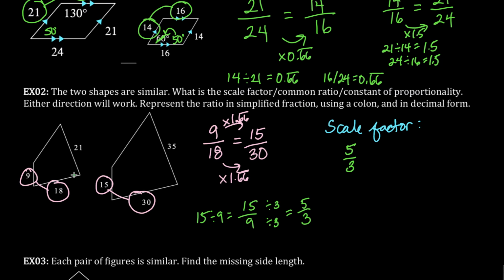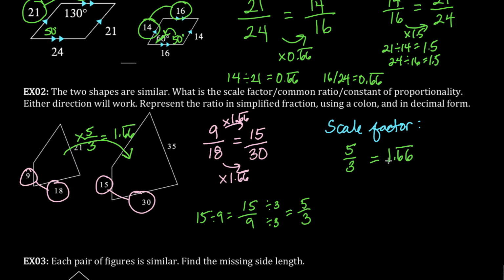So it depends which way you want to go. So this would be, let me write that a little bit better, times 5 over 3, which is 1.66 repeating. That's the decimal form.